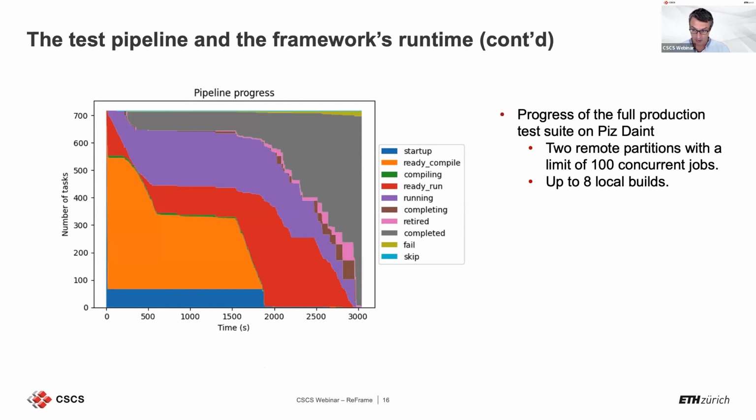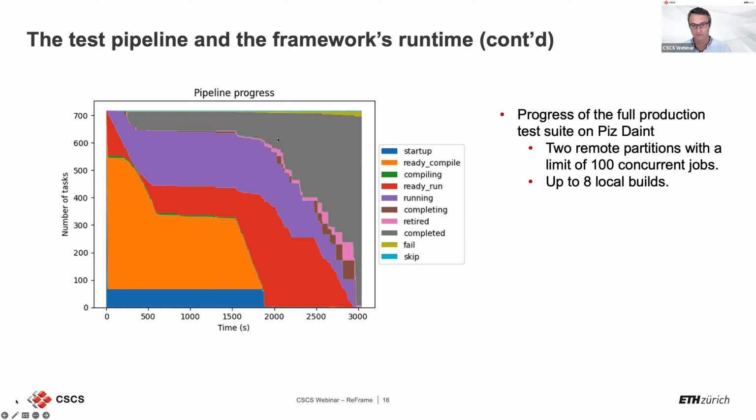And you can see here we have 2 remote partitions, each one allowing 100 concurrent jobs. And we also allow in that specific run up to 8 local builds of various tests. Let's start from the compiling, which is this green little line. It's just 8 local builds there. And then in the running phase, you actually have 200 jobs that are submitted and maintained by ReFrame.